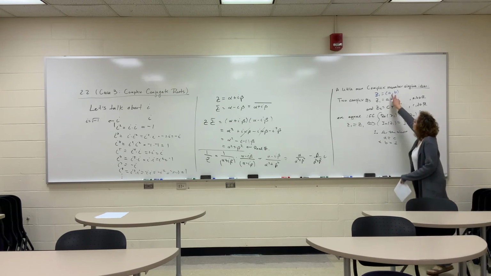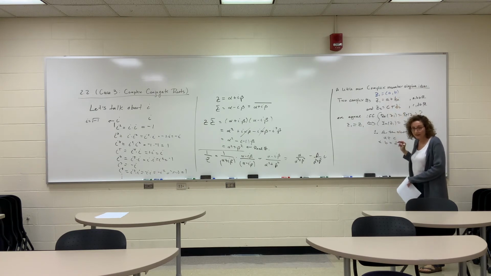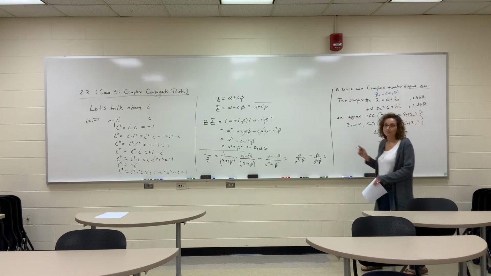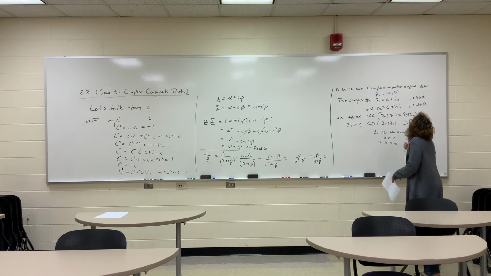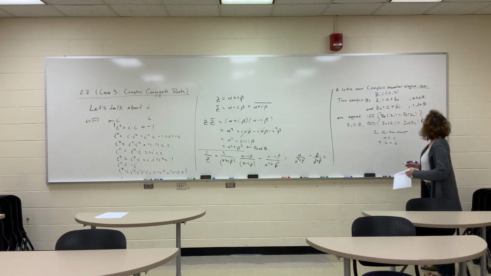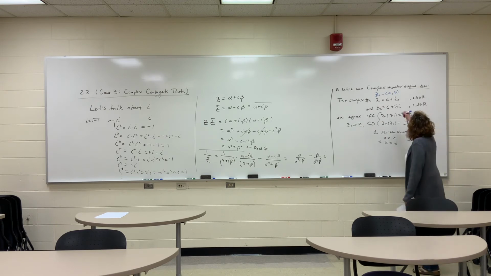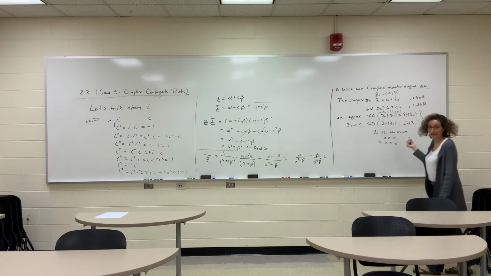This is not an ordered pair in the Cartesian plane, but in complex variables, you'll learn how to exploit these ideas of thinking about an imaginary axis as well. So we could call Z1 A comma B, and Z2 C comma D. That's another way to write it.